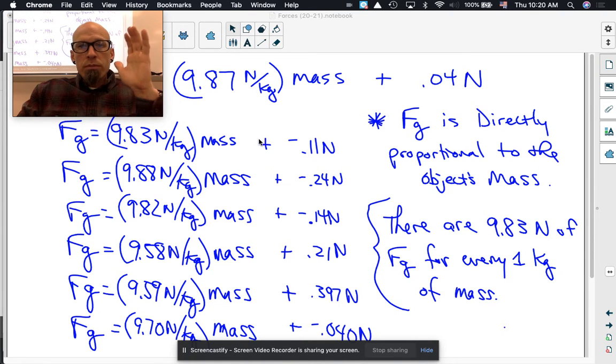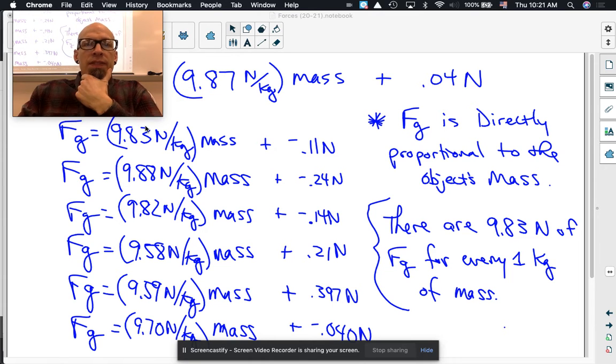So we found out, oh, look, it says right there, force of gravity is directly proportional to the object's mass. So there we go. We know it is a directly proportional relationship because we have a constant slope. And the slope, the rise over the run, is a ratio. It is a proportion. So what exactly is the proportion? Well, remember, in the past we've written our slopes out in sentence form, which is what we did here.